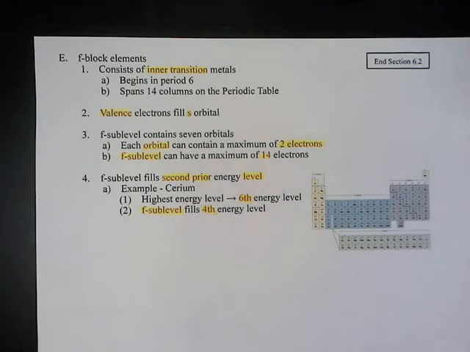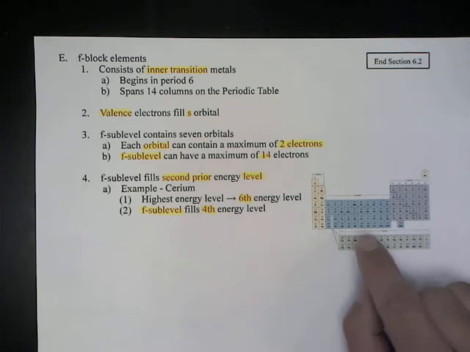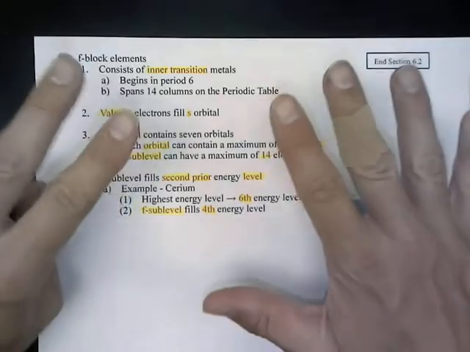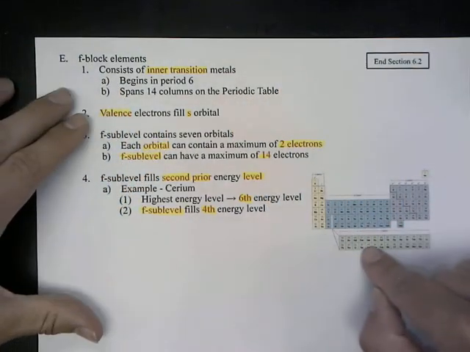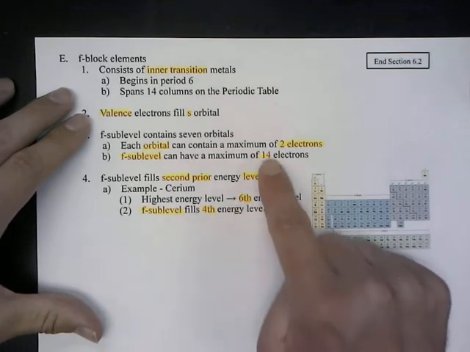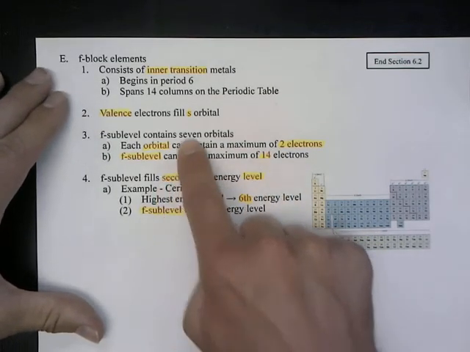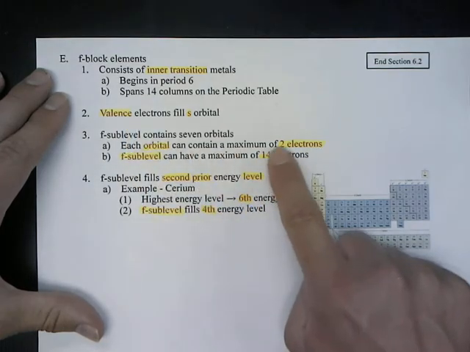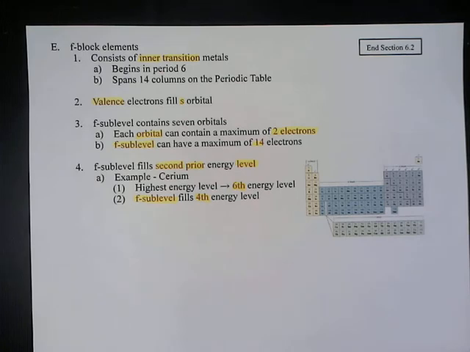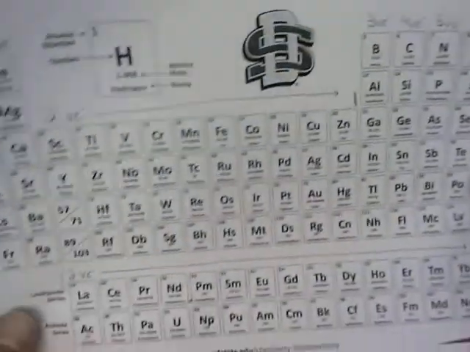All right, so again, we get to this point here. There are 7 different orbitals in our F block. Each orbital can hold a max of 2 electrons, so 7 times 2 is 14 electrons. The whole sublevel can hold a max of 14 electrons. Now, the F sublevel, remember, when we talk about electron configuration, I'm going to emphasize this.